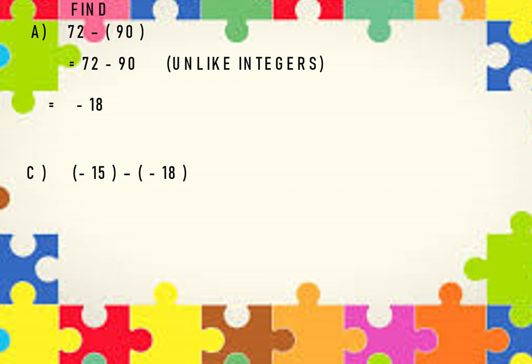But in this case, two negative signs are here. Negative of negative would be positive. So it becomes minus 15 plus 18. Again, before starting any calculation, I check whether these are like or unlike. These are unlike. Unlike says subtract, so the answer would be 3. But with which sign? Yes, plus sign, because 18 is bigger with a plus sign. So the answer would be plus 3.